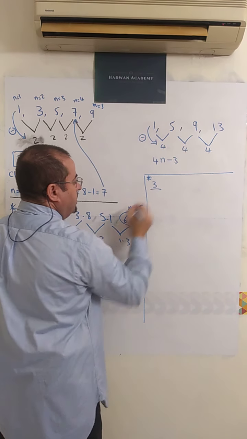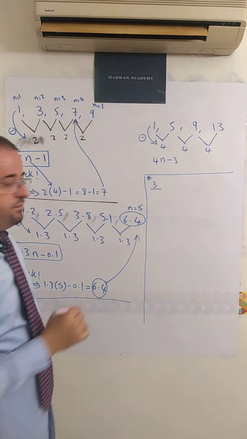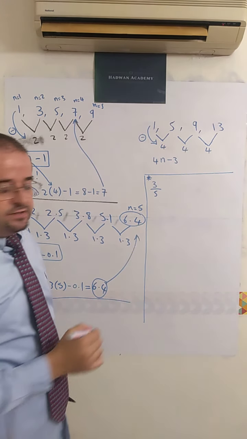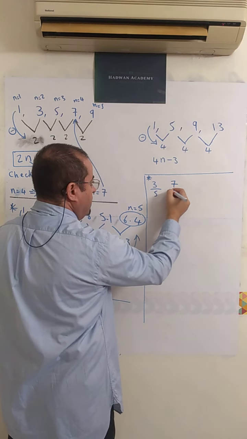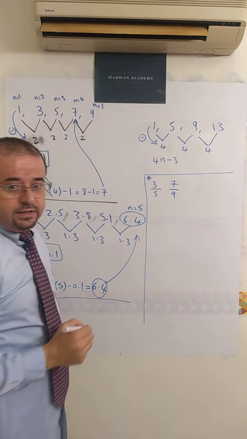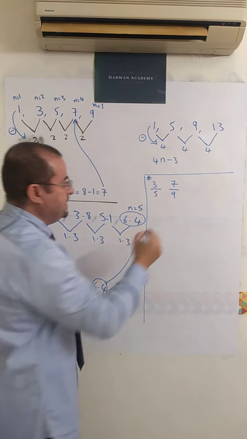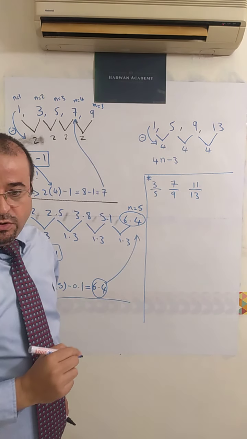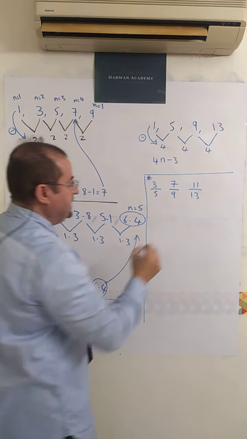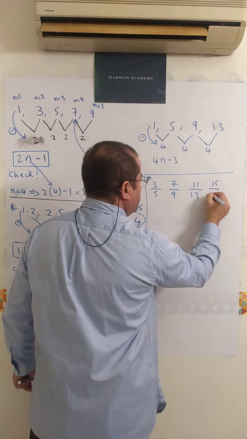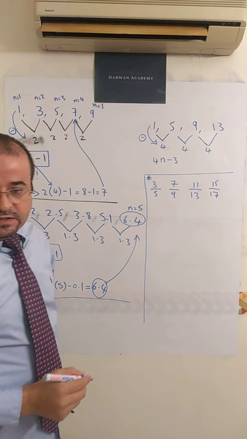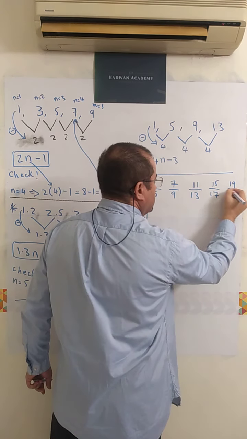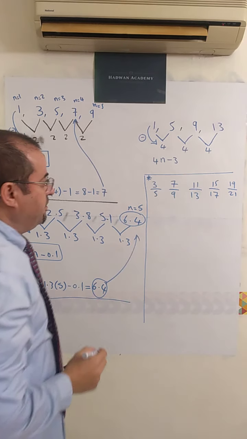A new example: 3 over 5, and I'll take the second fraction 7 over 9, and then 11 over 13, and then 15 over 17, and the last one 19 over 21. Okay, please watch carefully here.